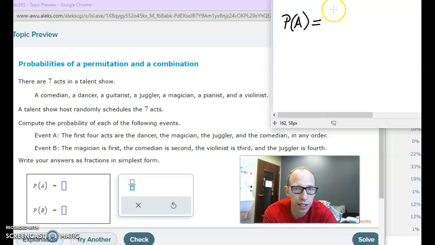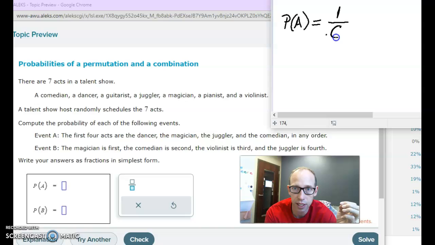So the particular chance of choosing those 4, or how many ways to choose those 4, well, there's only one way. We have to get exactly all 4 of those. We have to get the dancer, the magician, the juggler, and the comedian. How many different ways are there to choose 4? Well, that's where we get quite a few possibilities.